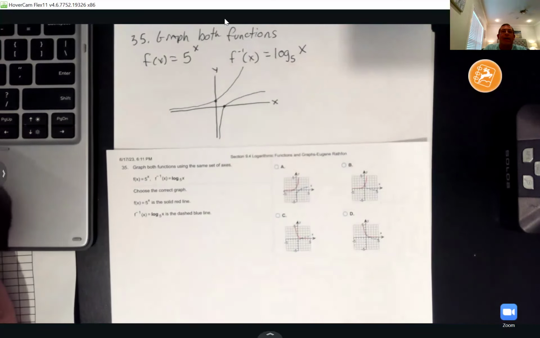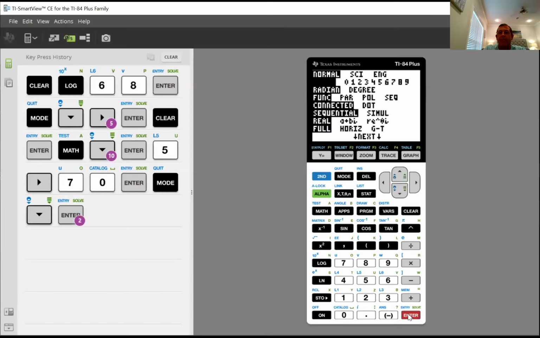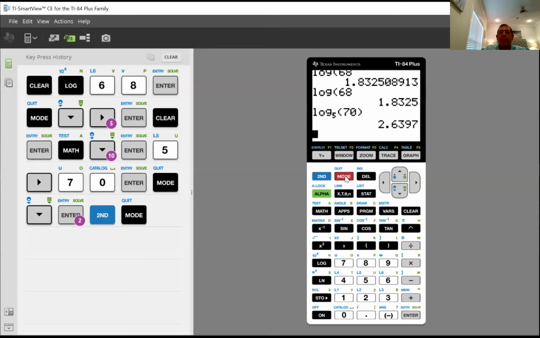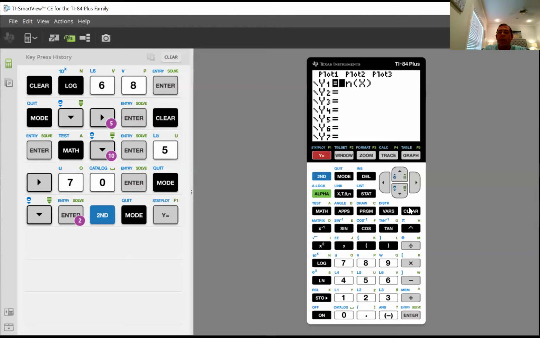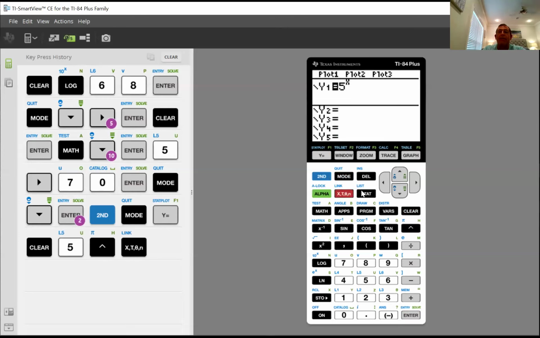So let's go to our calculator. I'm going to go to y equals. So let me make sure I'm back on float. Okay. So I'm going to go to y equals. In y1, I'm going to put the first one, which was 5 exponent x. Then I'm going to arrow down to y2. That one was log base 5 of x.